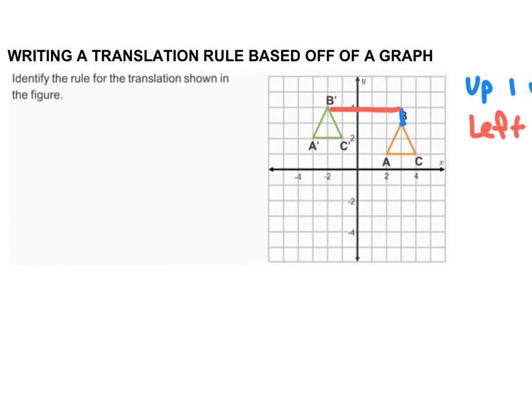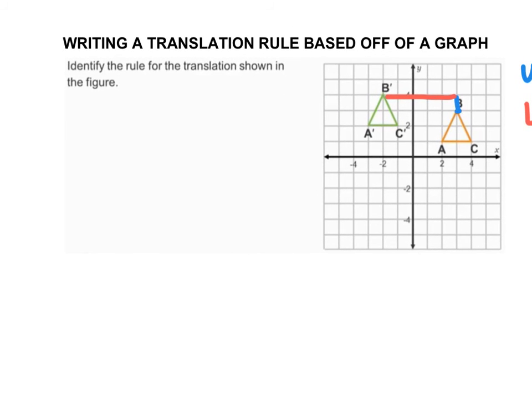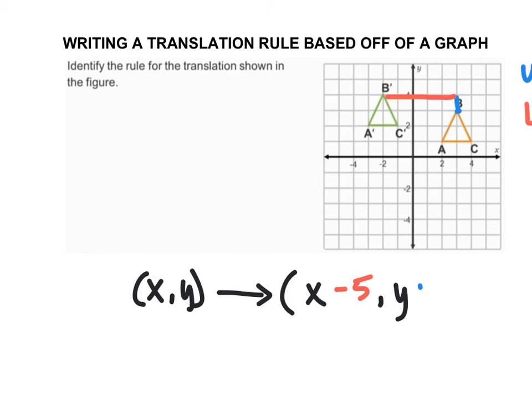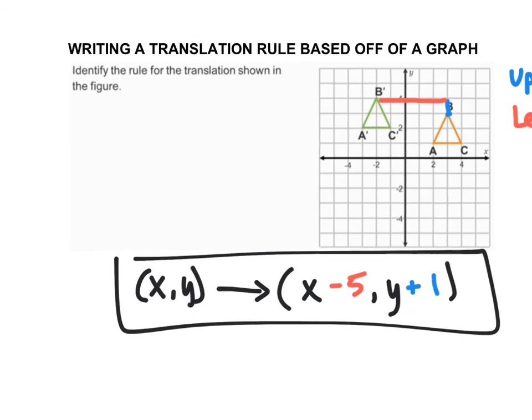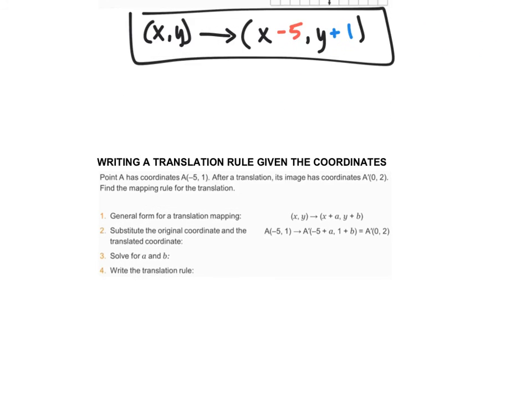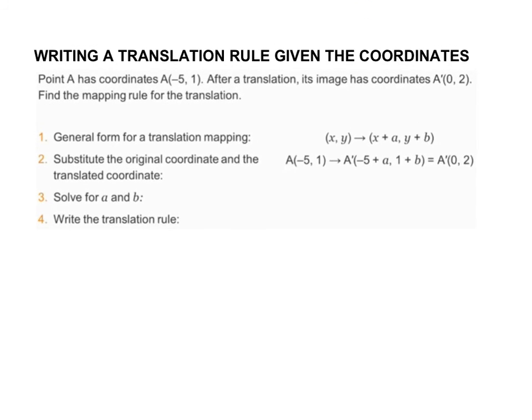So the rule that I would have here is that I would take my original point x comma y, do my transformation, and then I would have x minus 5 comma y plus 1. And that's my rule. So I don't have to do much. If I have a graph and I can just count the points, I'm really not doing much to write that rule. But if I'm writing a translation rule given coordinates, it gets a little tricky.